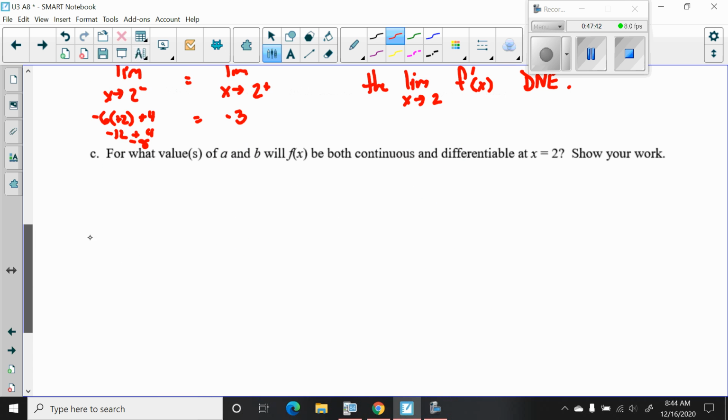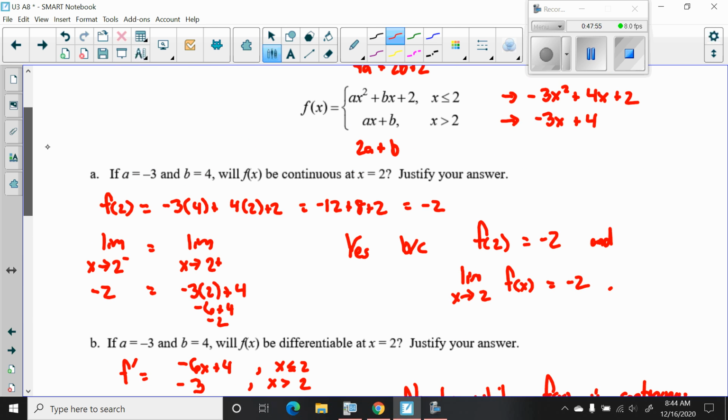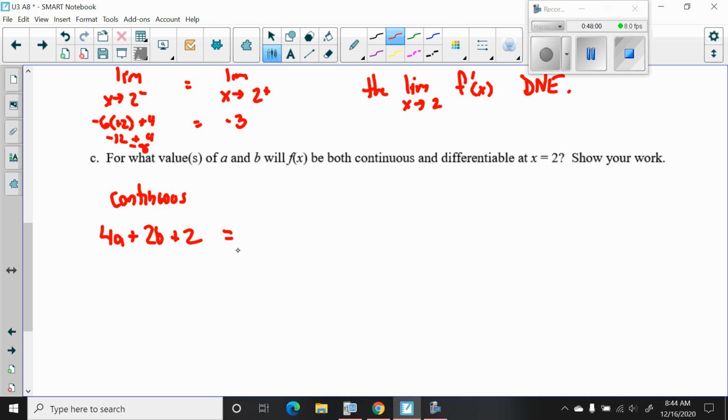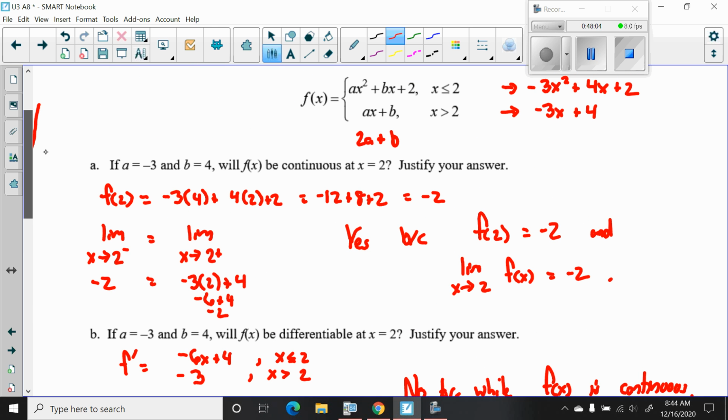So to be continuous, then 4a plus 2b plus 2 has to be equal to 2a plus b.